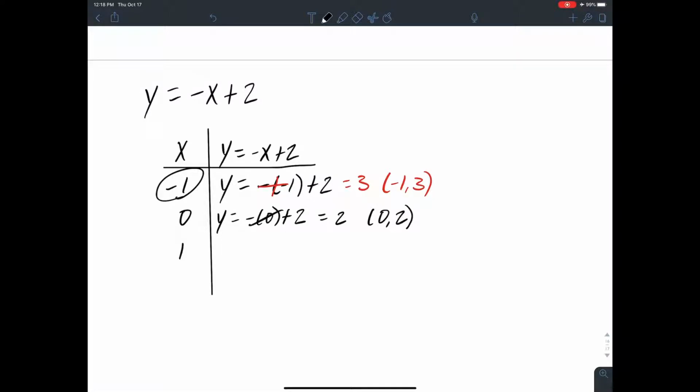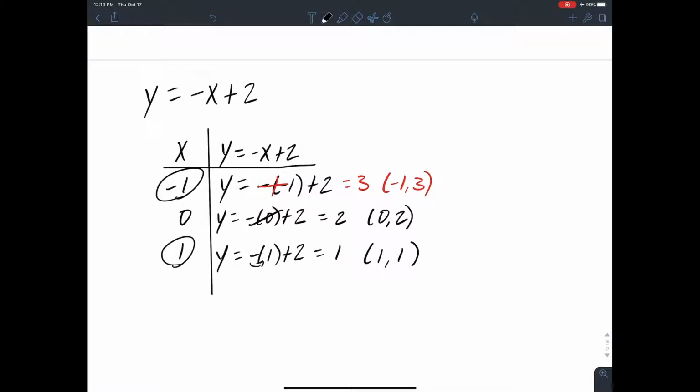And the last one, y equals negative, and instead of x, we're going to put 1 right here. Negative 1 plus 2. Well, the negative just transfers over to the 1, so this is just negative 1. Negative 1 plus 2 is what? Is just 1. So the point here is 1, comma 1.